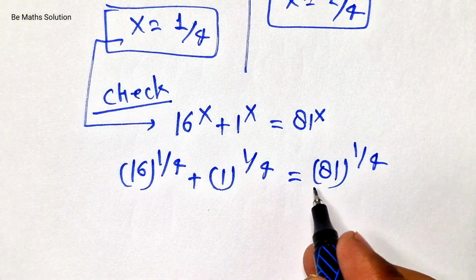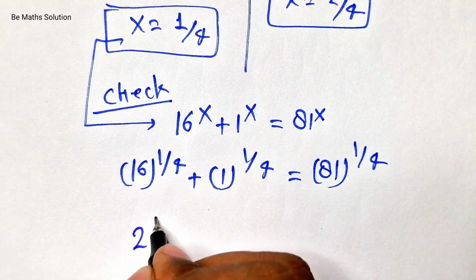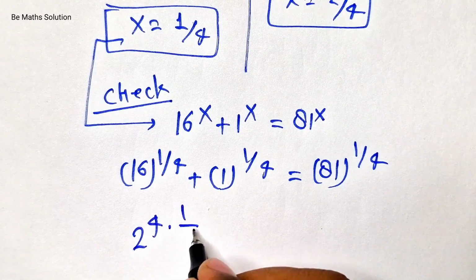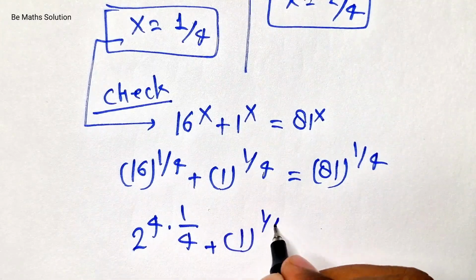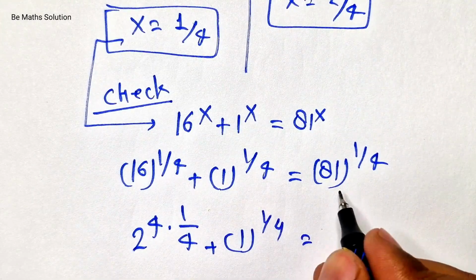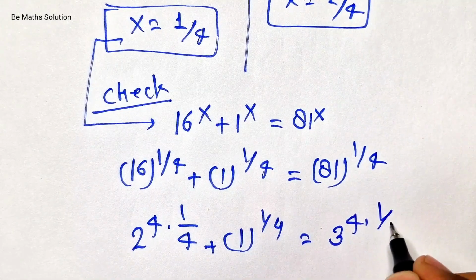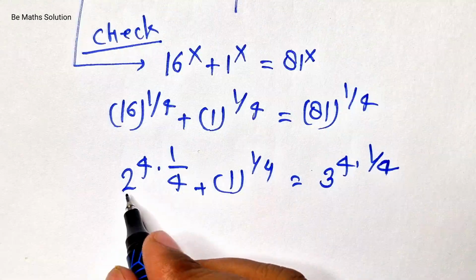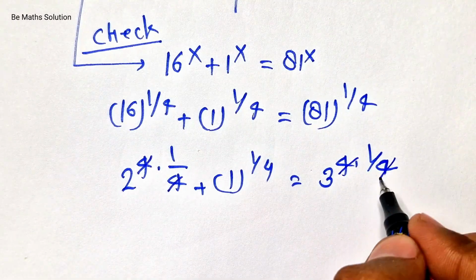Now to solve this, 16 is the same as 2 to the power 4 into 1 over 4, plus 1 to the power 1 over 4, is equal to 81, which is the same as 3 to the power 4 into 1 over 4. Here the 4 and 4 cancel, and the 4 and 4 cancel.